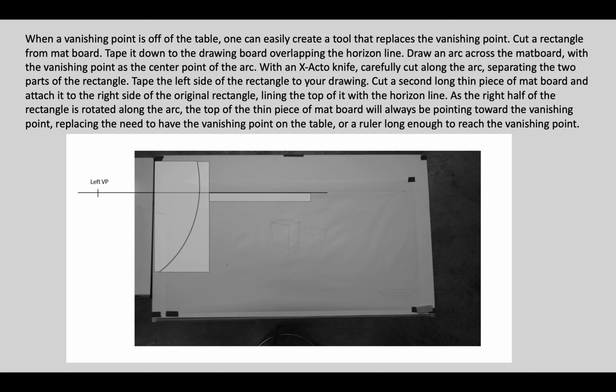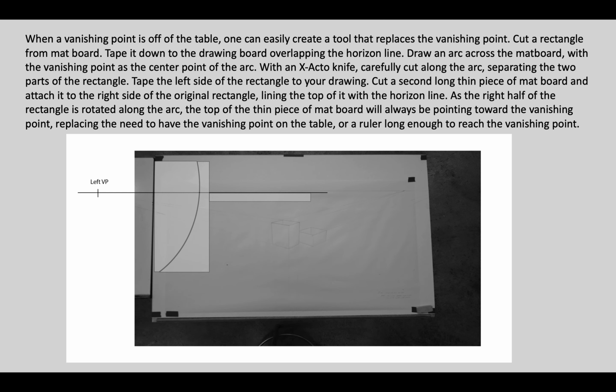If you cut a rectangle out of mat board and tape it down on your piece of drawing paper, similar to what I've done here, that vertical rectangle should overlap with your horizon line, maybe in the middle, maybe a little bit above your horizon line. Tape it down and then use a pencil and a tack with a piece of string.